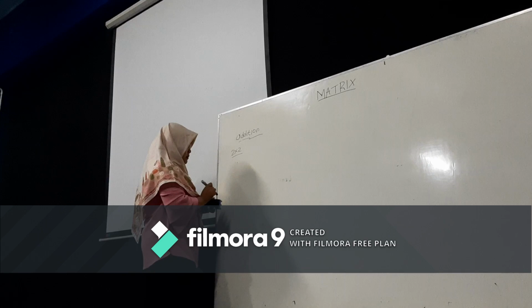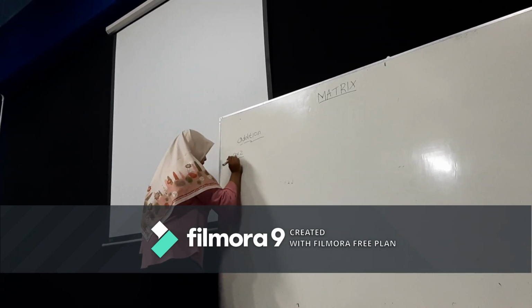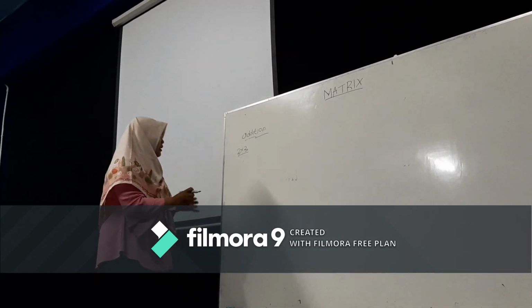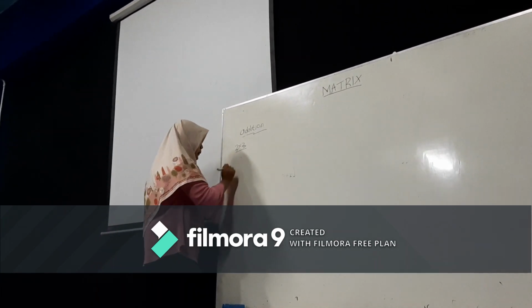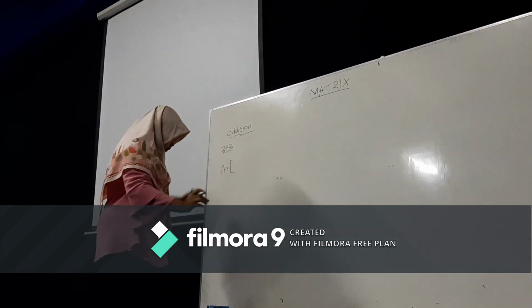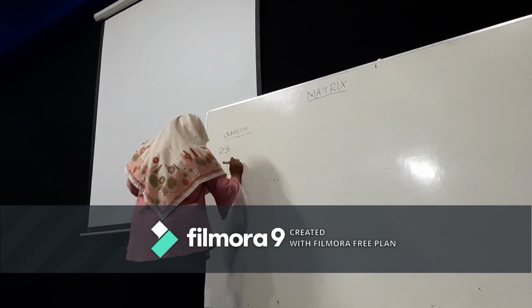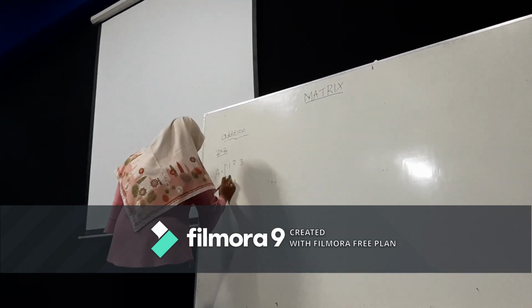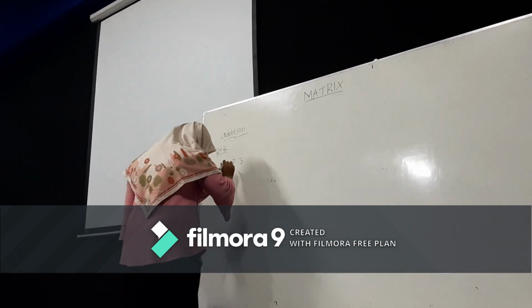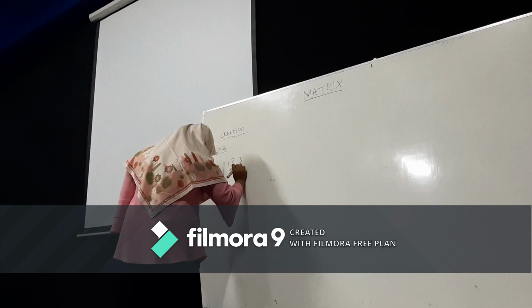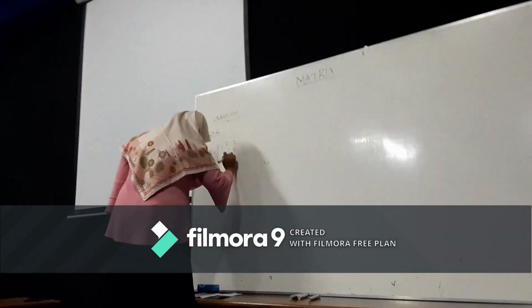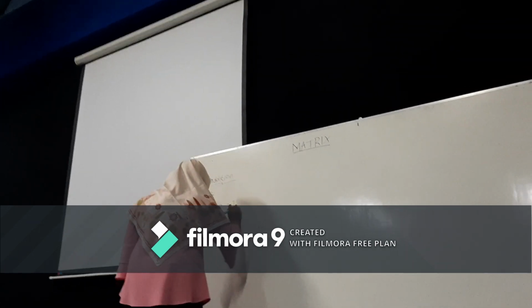3 times 3. For example, I have matrix A is equal to open bracket 1, 2, 3, 4, 5, 0, 9, 6, and 7, close bracket.